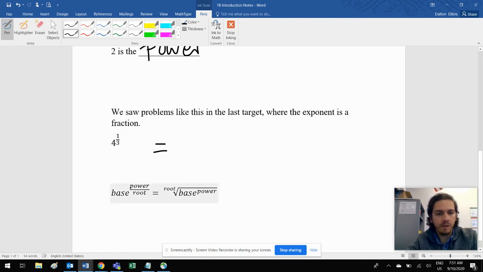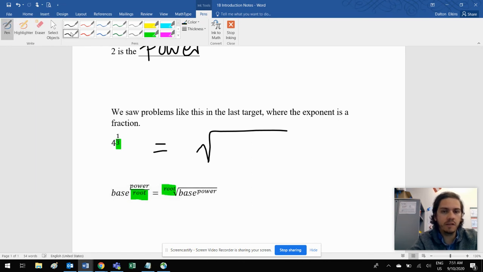We need to figure out what's the base, what's the power, what's the root, and put them in each of the appropriate places. The first thing I'm going to look at is the root. The root is the denominator of the exponent. So the root here is 3. Let's use green. This is the bottom number right here. So in this little wedge, I'm going to put 3.